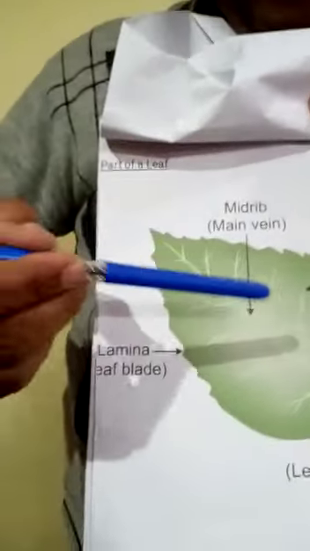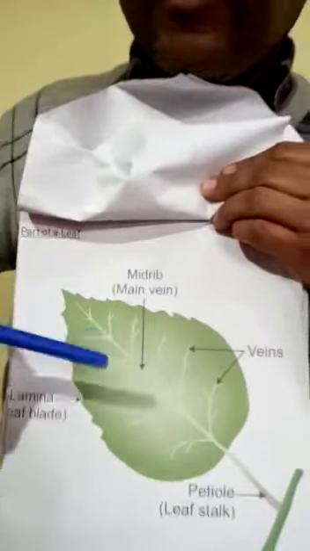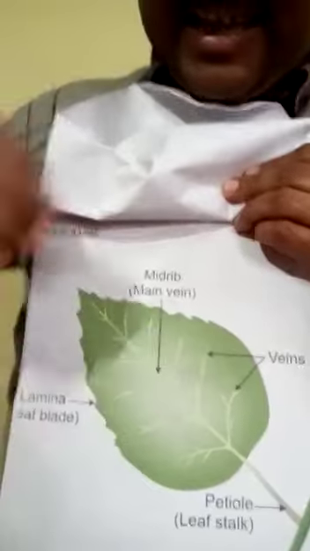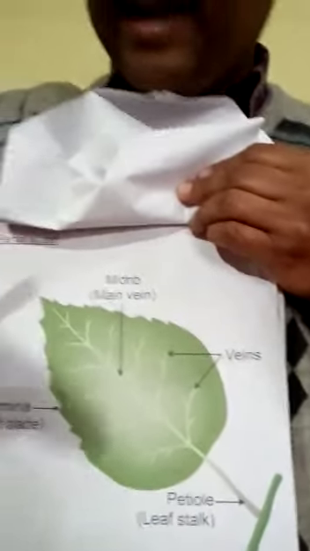This lamina, or flattened surface, consists of veins, and it is because of these veins that the leaf remains in its expanded shape.